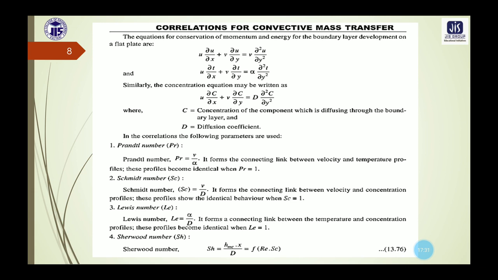So the equations for conservation of momentum and energy for the boundary layer development on a flat plate have been written here: u ∂u/∂x plus v ∂u/∂y equals nu ∂²u/∂y², and u ∂T/∂x plus v ∂T/∂y equals alpha ∂²T/∂y².